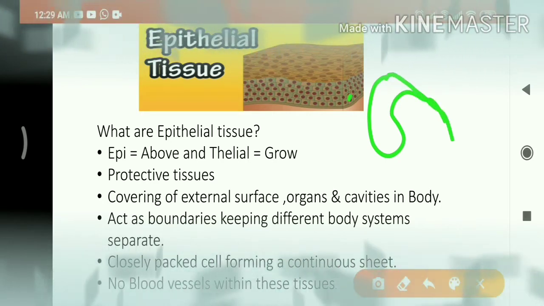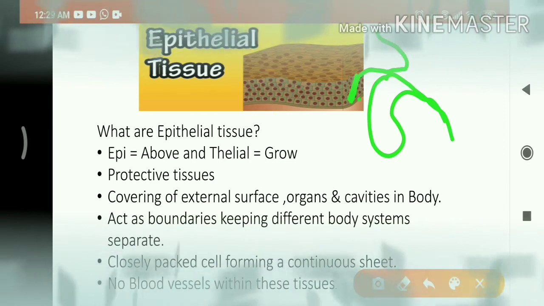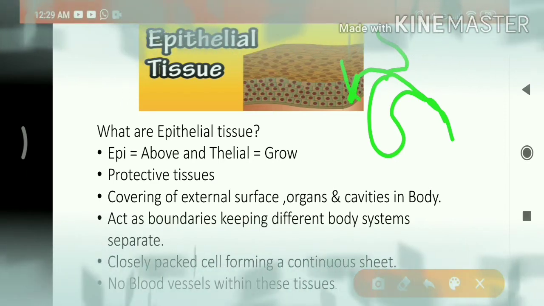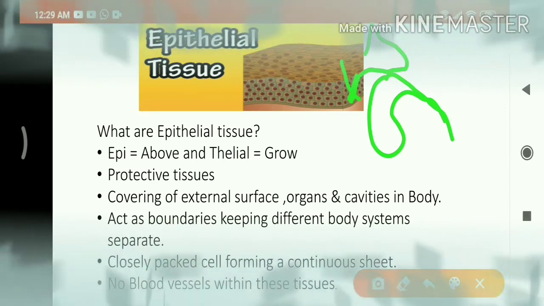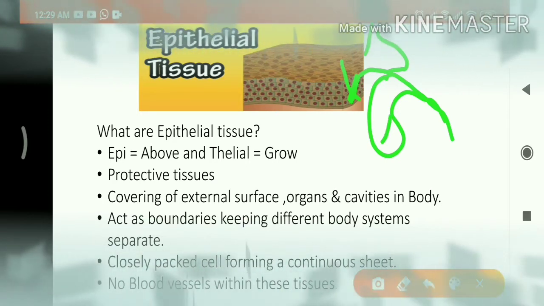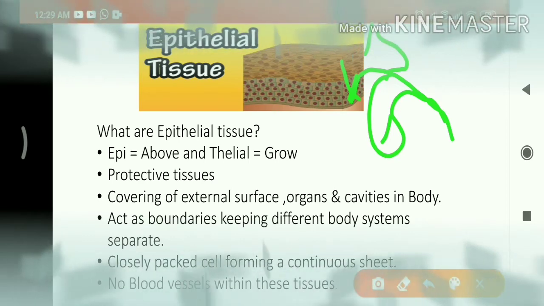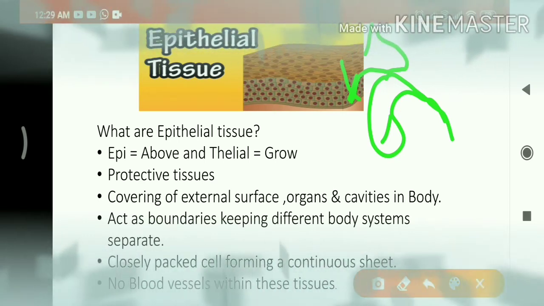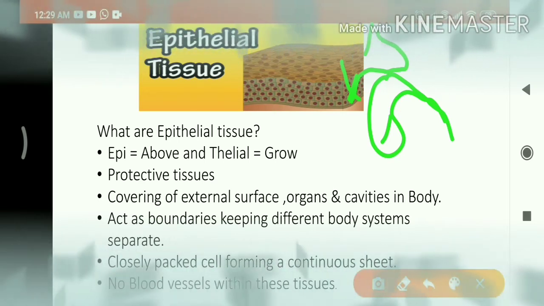Why do we put boundaries around our house? For safety, right? So here this closely packed continuous sheet is forming.